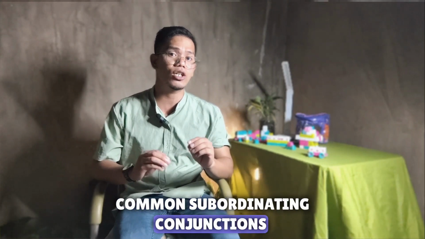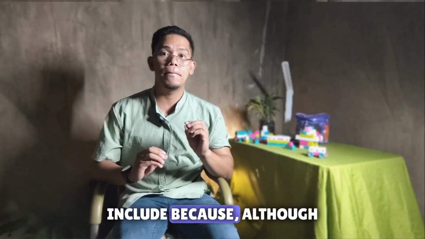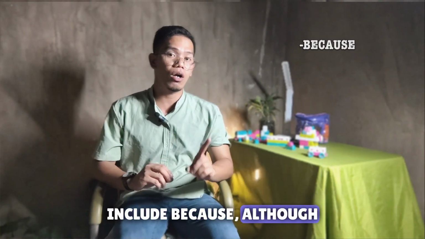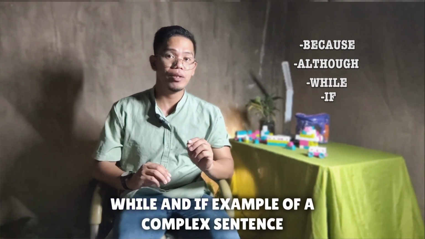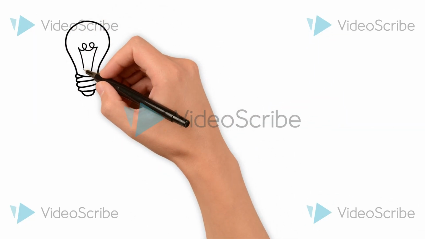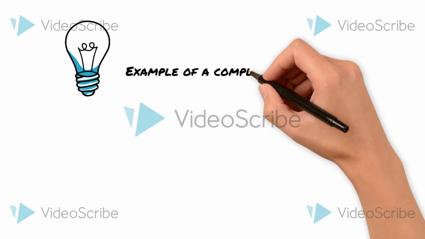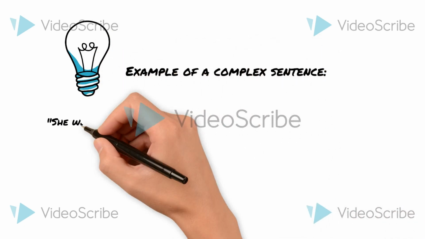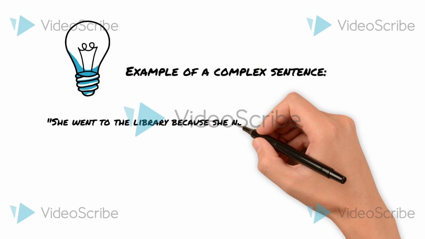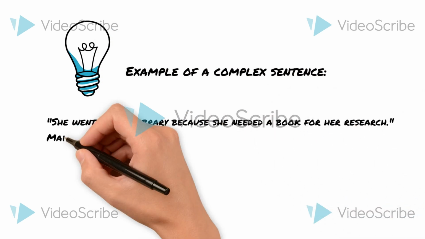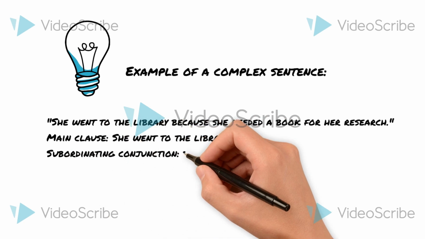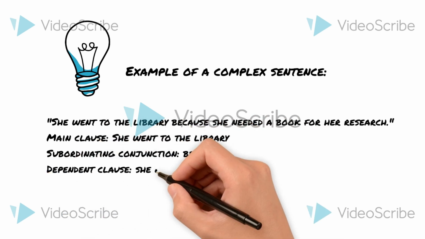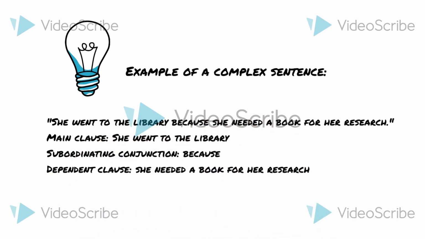Common subordinating conjunctions include because, although, while, and if. Example of a complex sentence: She went to the library because she needed a book for her research. The main clause is she went to the library. The subordinating conjunction is because. The dependent clause is she needed a book for her research.